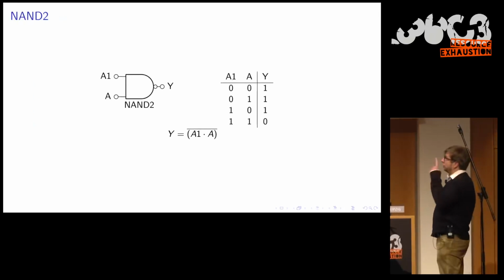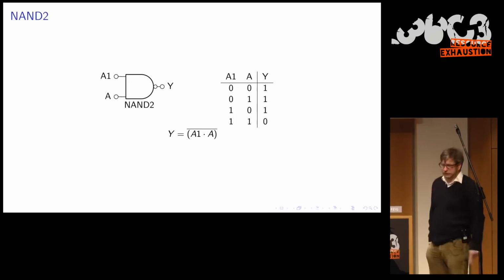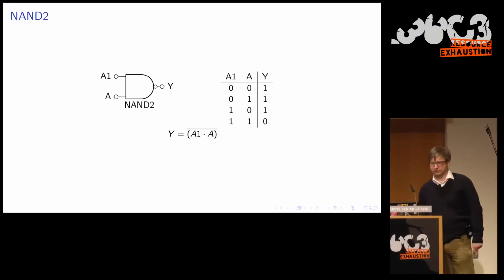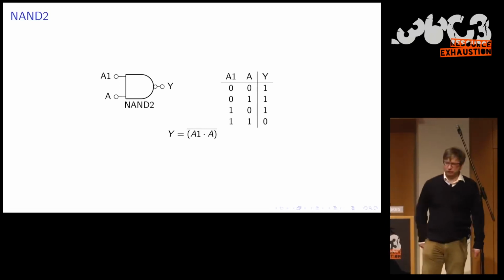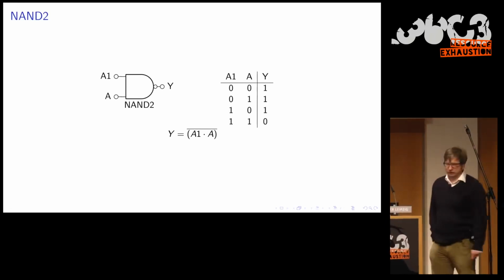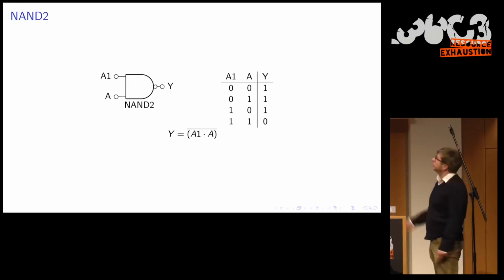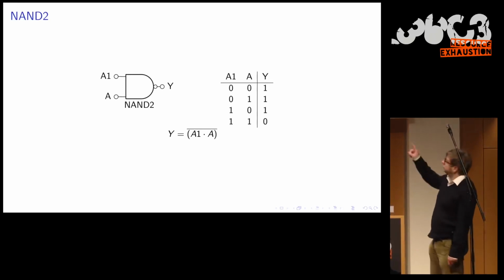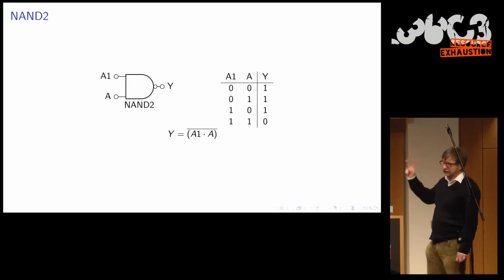Okay, so these are some standard cells. That's a very typical one, maybe you know it from the university, it's a NAND with two inputs. Left is the symbol, and on the right there's a table. And if you have a look, for the NAND it's really typical.